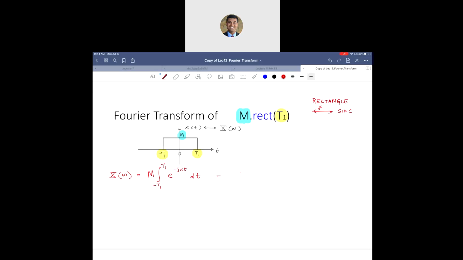So what do you have? You have M e to the negative j omega t divided by negative j omega. Substitute the limits t1 and negative t1. What do you get? You get negative 2 times M divided by omega, multiplied by e to the negative j omega t1 divided by 2j, minus e to the plus j omega t1 divided by 2j again.